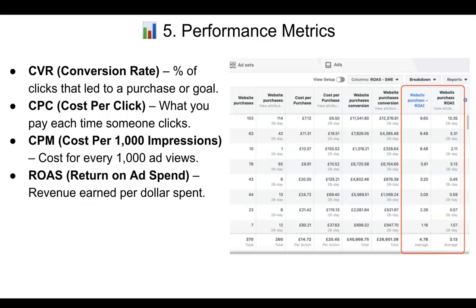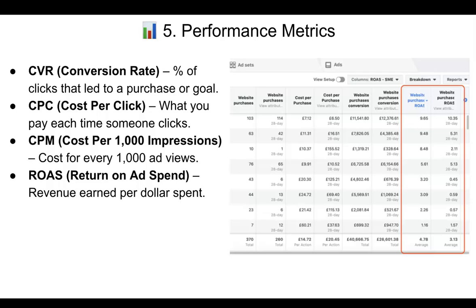The conversion rate is the percentage of clicks that led to a purchase or goal. Cost per click is what you pay each time someone clicks on your ad. And the CPM is the cost per 1,000 impressions, so it's the cost of every 1,000 ad views.